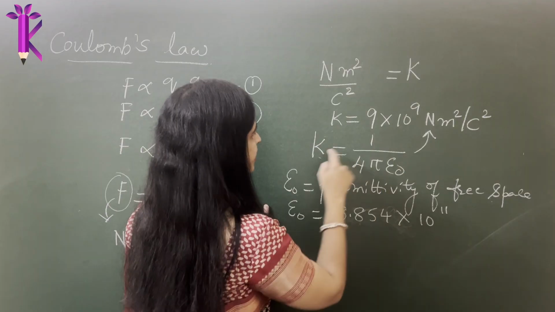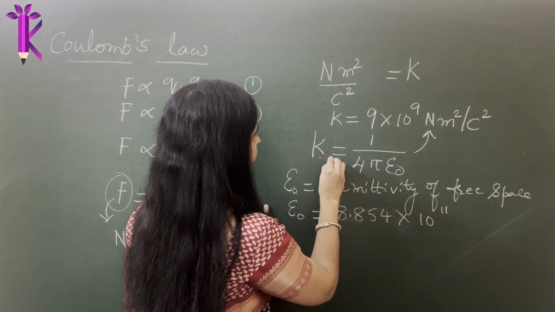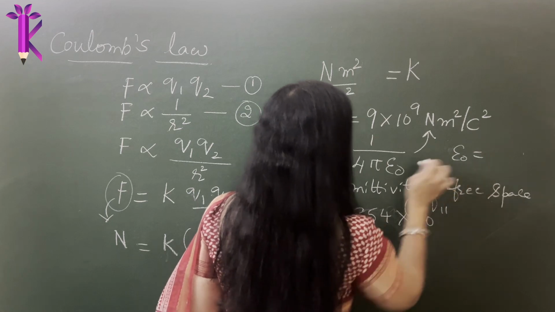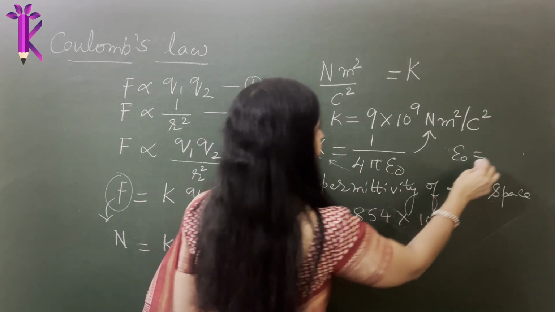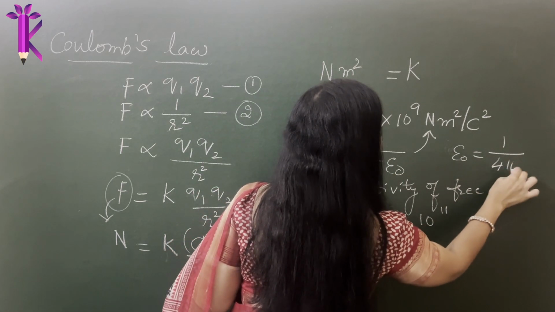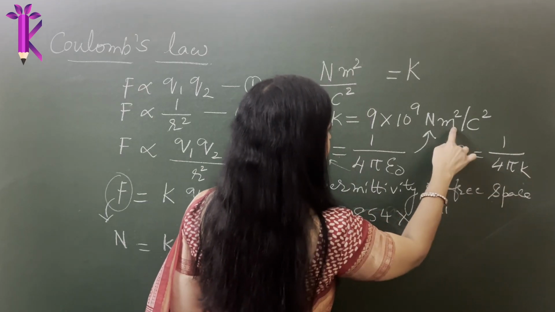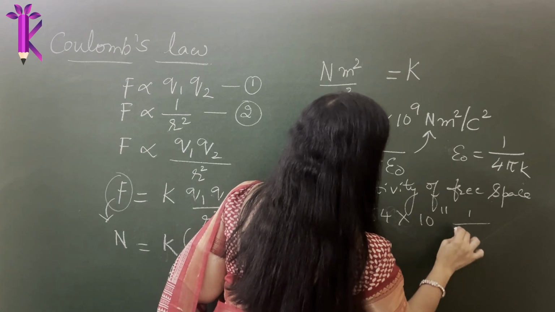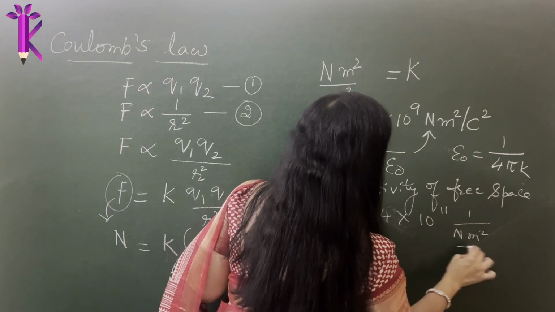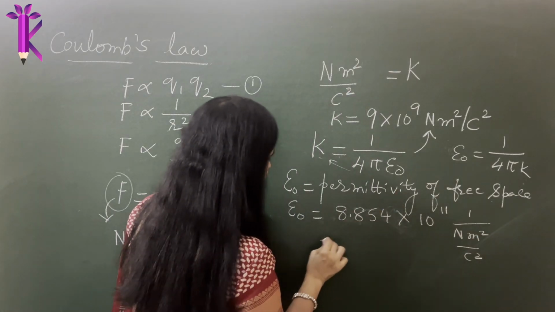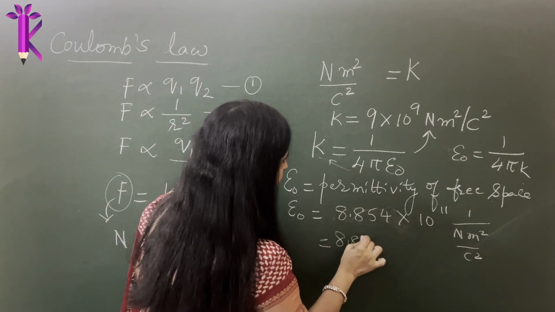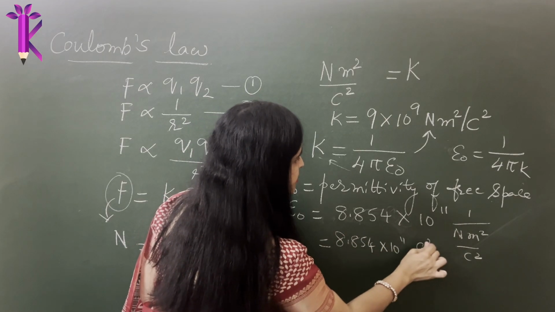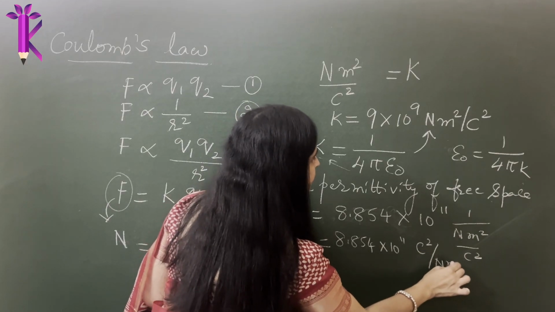K, because K is 1 divided by 4 pi epsilon naught. What is K? K is Newton meter square per Coulomb square. So epsilon naught will be 1 divided by Newton meter square per Coulomb square, which means Coulomb square goes up. So this will be 8.854 into 10 power 12, Coulomb square in the numerator divided by Newton meter square.